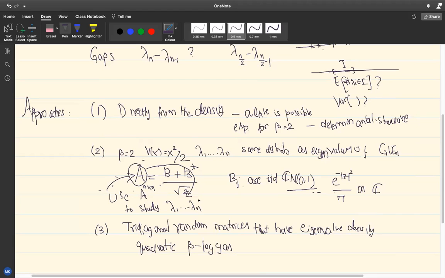And then in the beta equal to 2 case, as I said, there is a determinantal structure. So from the eigenvalue density, they go to the determinantal structure, which means that there is one single function, K_n(x,y), called the kernel of the determinantal point process, which actually describes everything. So random matrix theory starts by first removing the matrix, then the randomness, and everything is about studying this kernel.